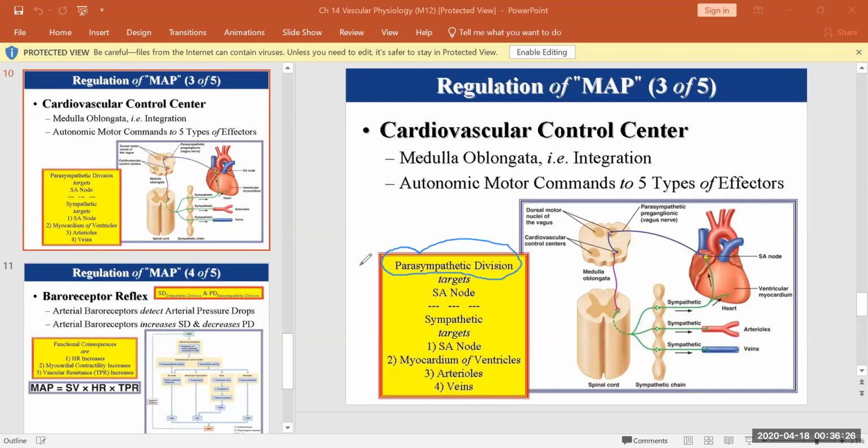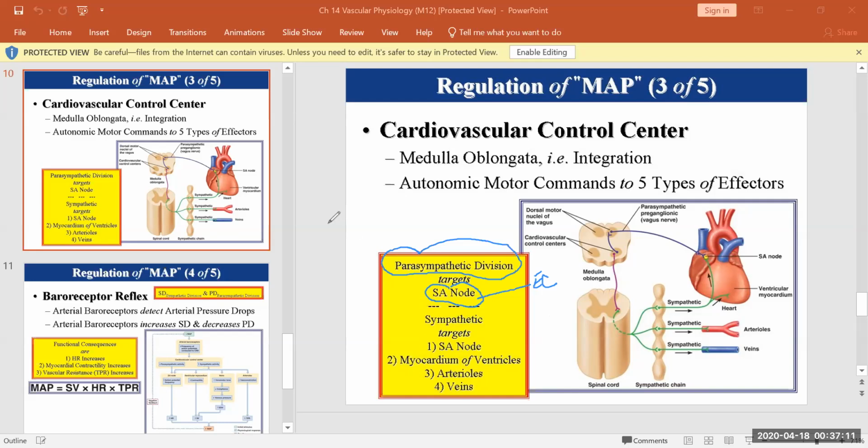And this division sends post-ganglionic fibers to make neuromuscular junctions with the SA node of the heart. This is the conduction system of the heart, meaning the electrical component. So the parasympathetic division can only affect the electrical component of the heart. It can only slow down the heart rate.